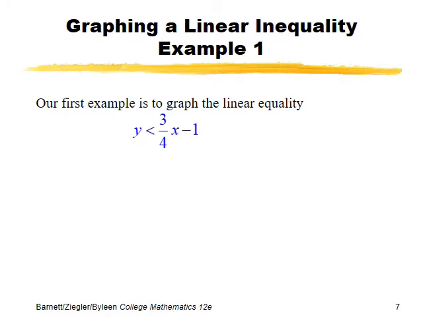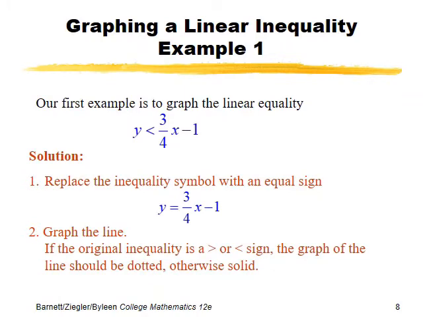Our first example is to graph this linear inequality. First of all, we write it in equality form, like y equals 3/4 x minus 1. Graph the line. Now we make the graph of this line. If the original inequality has a strict less than or greater than sign, the graph of the line should be dotted.